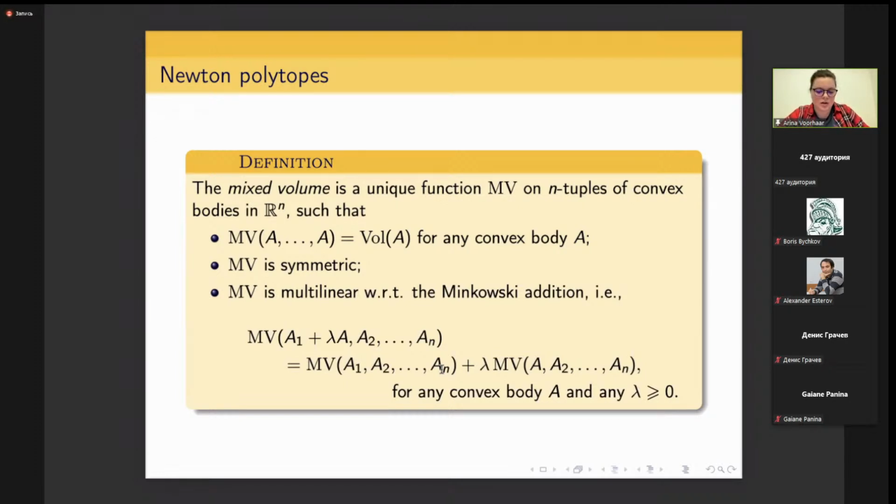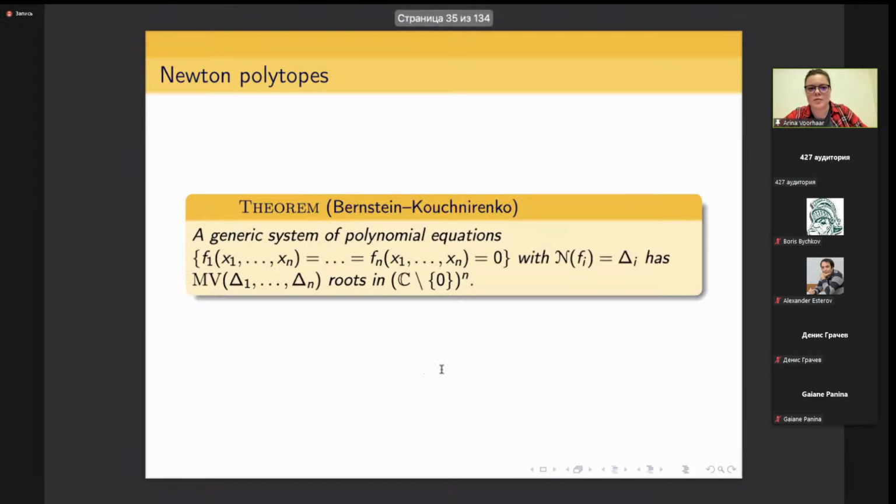Now I can formulate, at least naively, a very important theorem, which is basically the first thing that you want to explain to anyone in your research group if you do all this Newton polytope stuff. We are talking about systems of n equations in n variables with given Newton polytopes. Each of the polynomials f_i has its Newton polytope Delta_i.